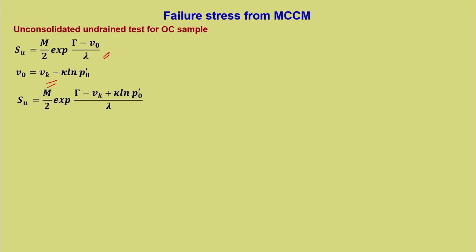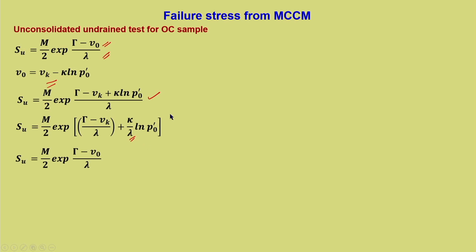So, we can write Su equal to m by 2 exp gamma minus, substituting for V naught, V kappa minus kappa ln P naught dash. Again, like the previous case, we can write m by 2 exp gamma minus V kappa by lambda plus kappa by lambda ln P naught dash. This does not get cancelled off, it is kappa by lambda.